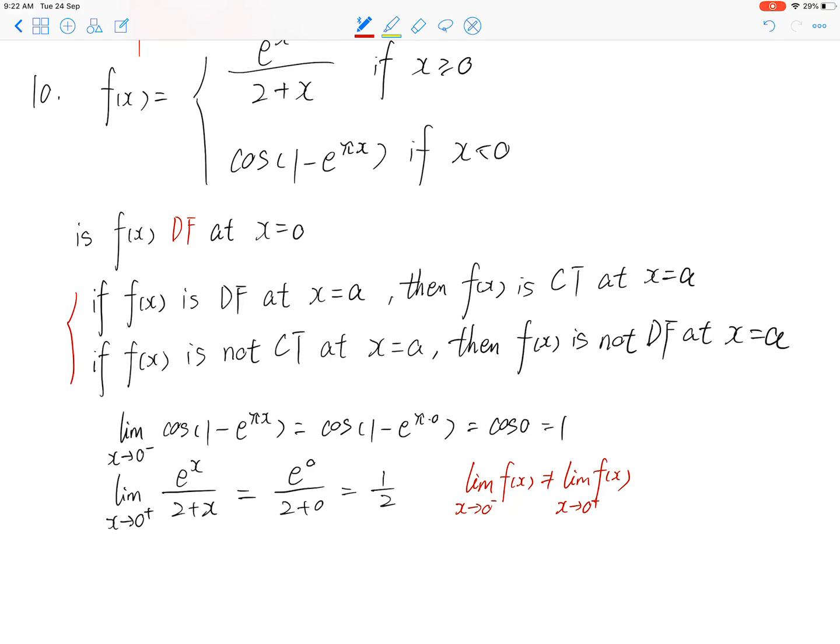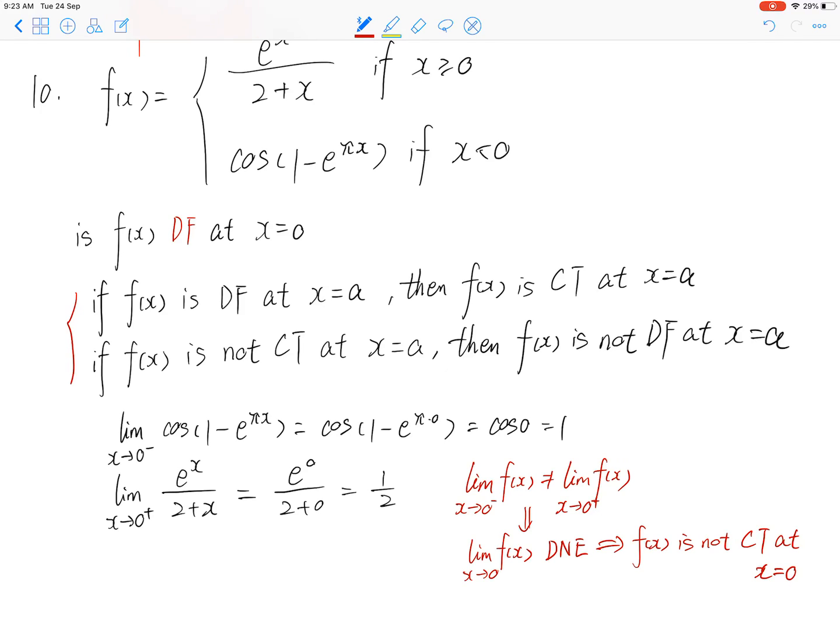So this limit does not exist, and that means the function is not continuous at the point 0.